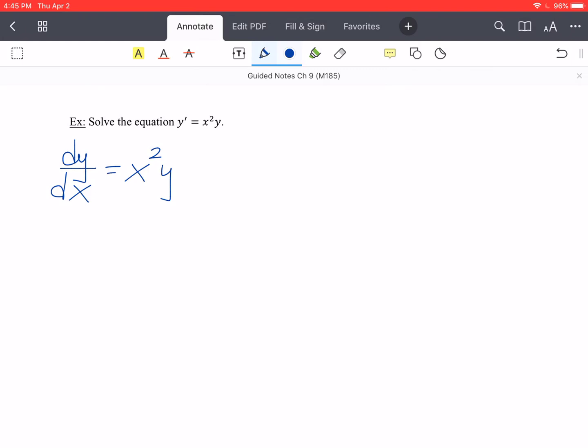So this time notice we don't have x squared over y, it's times y, so I'm going to multiply the dx over here and I'm going to divide the y over to this side. So that gives us dy over y equals x squared dx.